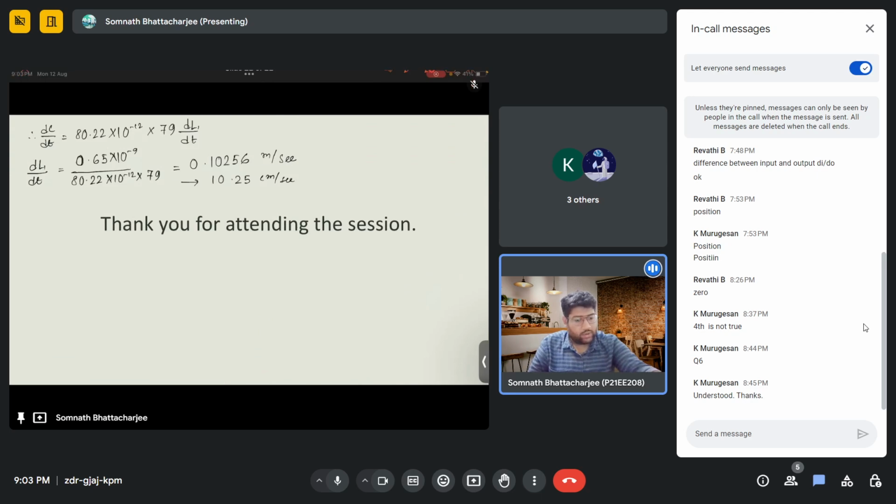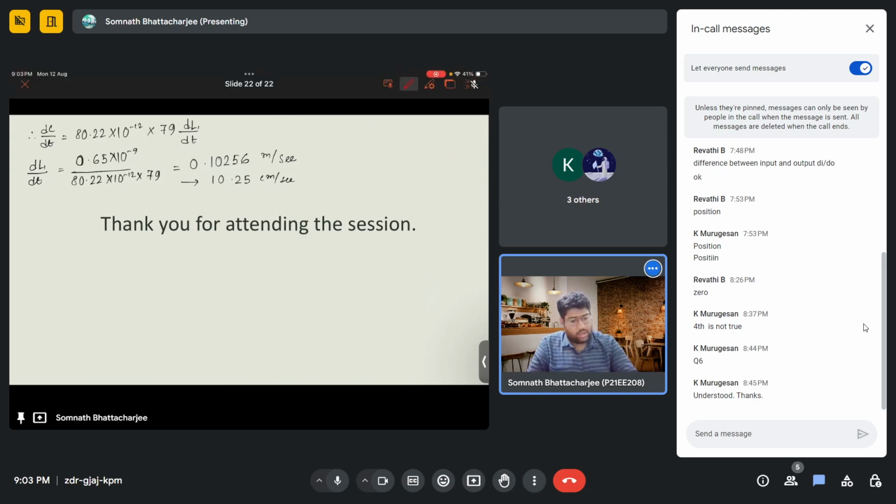So here, by measuring the value of dl by dt, it is by dc by dt. So like 80 point something, dc by dt we know the value already, that is the 0.65 nano ampere. So this is the value. So this is the change in water with respect to time. This is the change in water level.